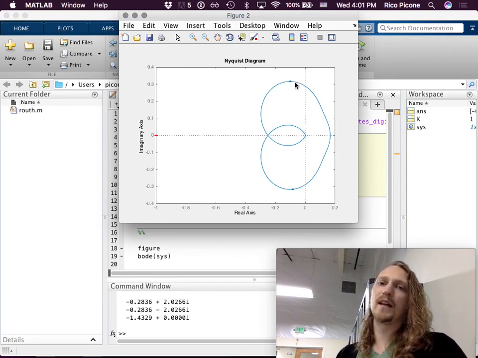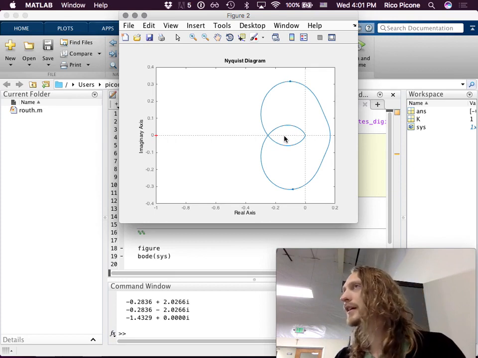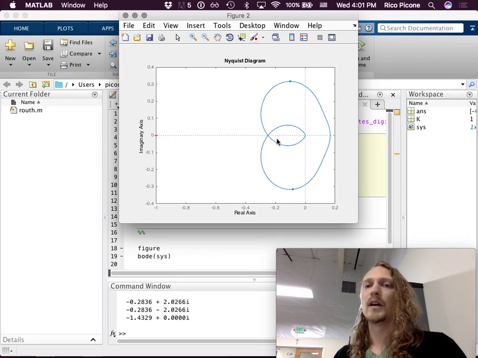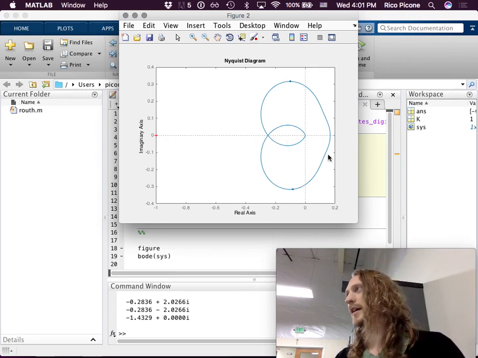Notice that this is directed this way, right? So if we were to scale this up, we're going to eventually get -1 inside this loop, which is going to have two clockwise encirclements of -1, and therefore will make the system unstable.